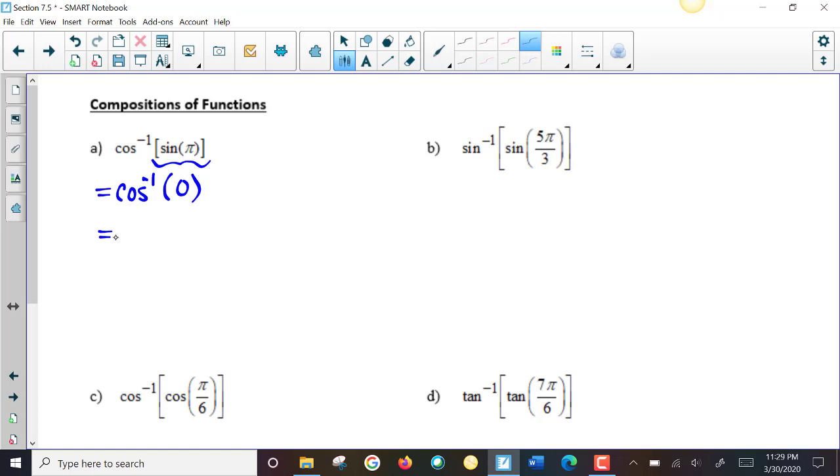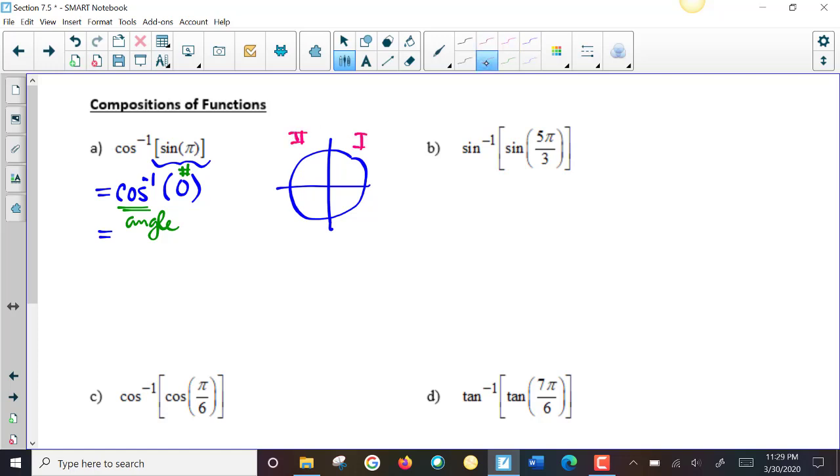So this here, remember, is a number. It's a function value. Here, we're giving an angle. So inverse cosine. If you look at your little circles, cosine, remember, is in quadrants 1 and 2.